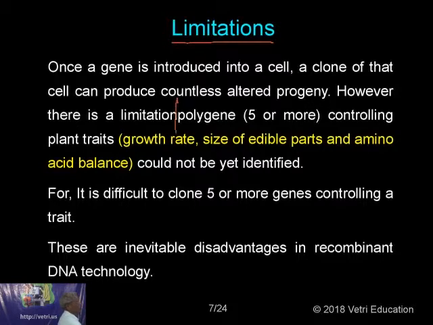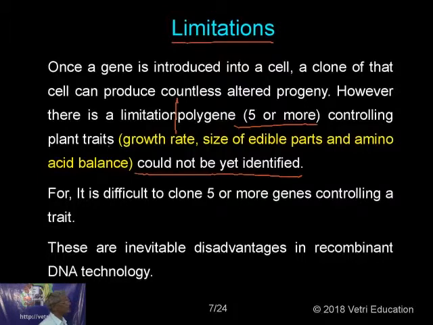The limitation is polygene. Polygene, which contains 5 or more controlling plant traits, could not yet be identified. Okay, so this is the first limitation. What is the first limitation? If you take a gene and introduce it into a cell, a clone of that cell will produce countless altered progeny.